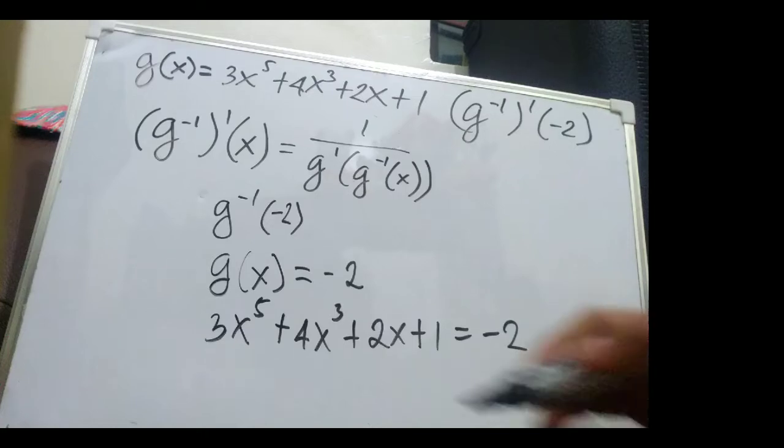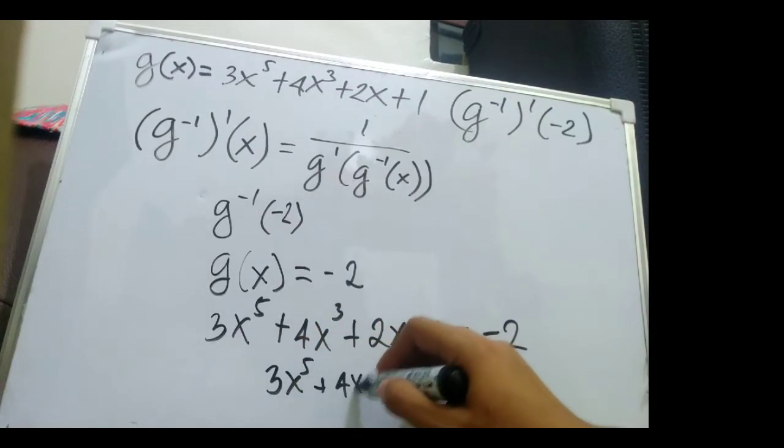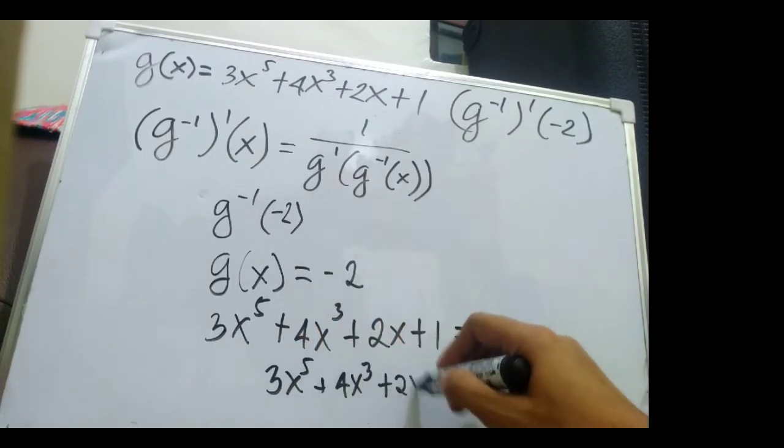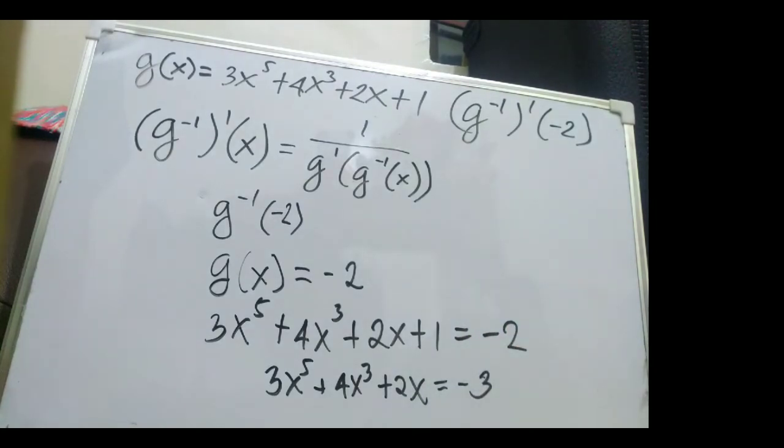Now, 3x^5 plus 4x^3 plus 2x equals negative 3. This would be difficult to solve for x.